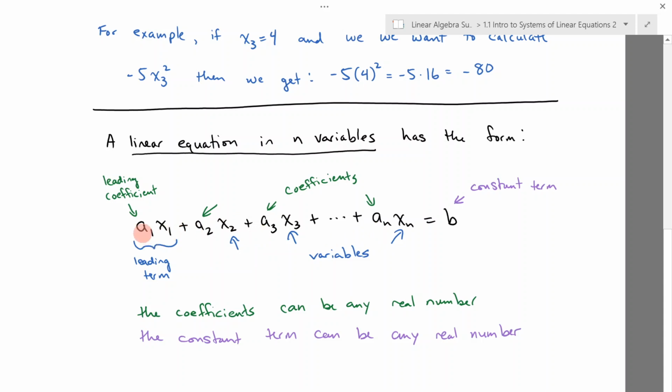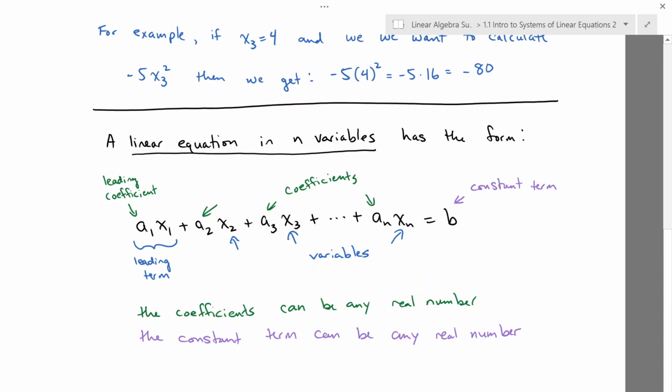So you have the coefficients a1, a2, a3, up to an, and then the n variables x1, x2, x3 all the way up to xn, and the form is a1 times x1 plus a2 times x2 plus a3 times x3, all the way up to an times xn, is equal to some constant b.